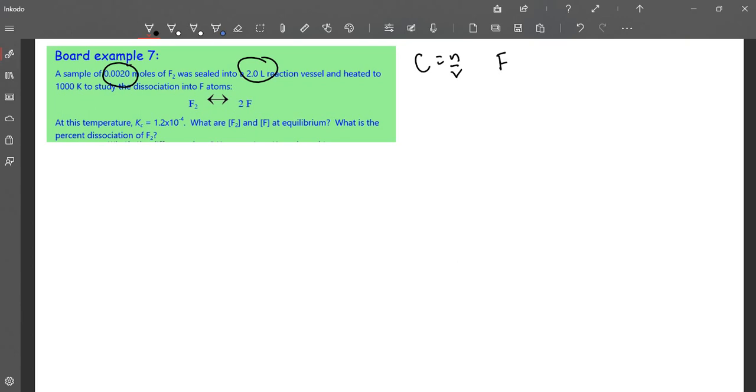Right, so the concentration of F2 at time naught, or initial concentration, is 0.0020 moles divided by 2 liters, which gives us 0.0010 moles per liter, or that molarity.